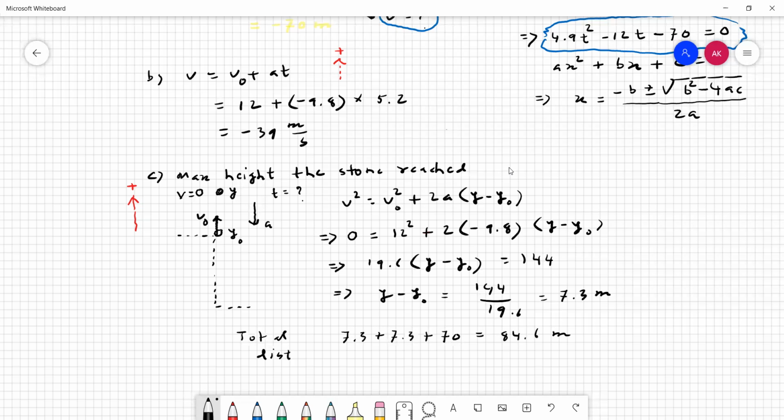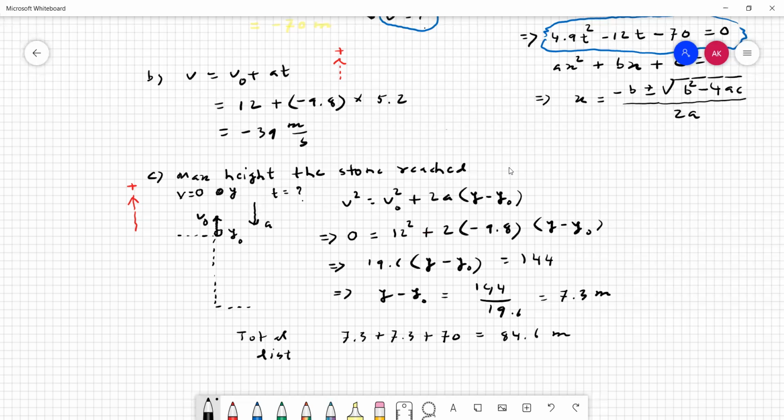Total distance, okay? Any question? Do you have any question to ask? I have a question. So the velocity at the maximum height I see is 0. Is it always that in every equation or in just this specific one right now?